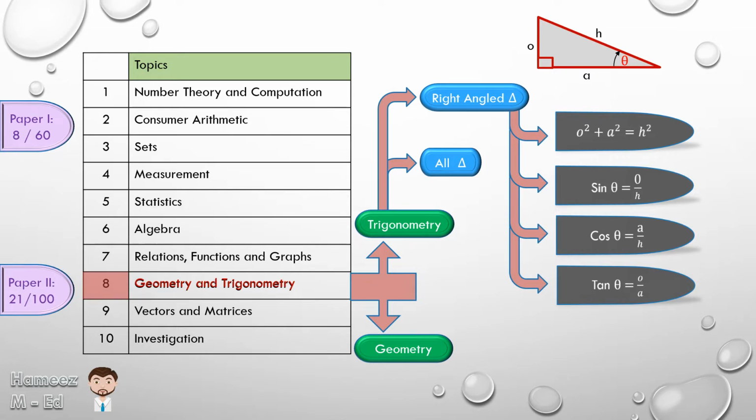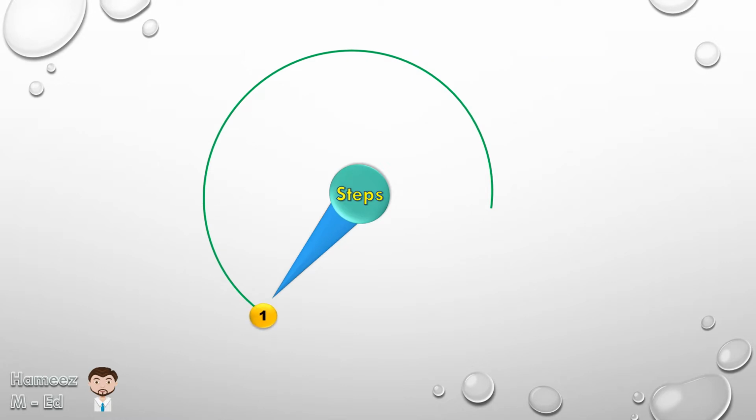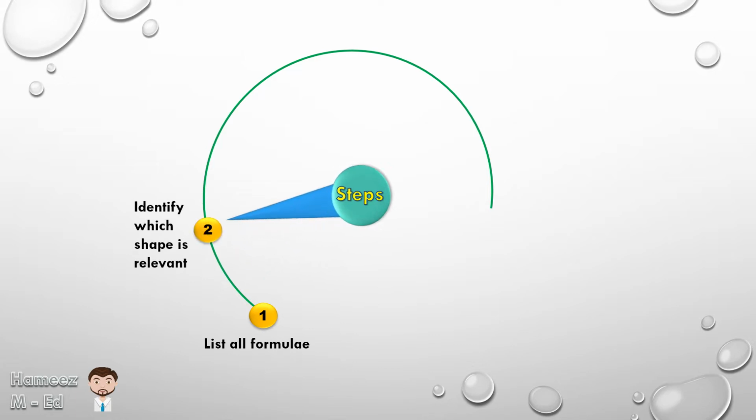In looking at the past paper questions over these 7 years, from May 2015 to 2021, we've made some steps for students who are getting problems in this topic. The first being that when we are looking at this question, we list all the formulae, which are 4 in this case, and then identify which shape is relevant from the diagram that is given.